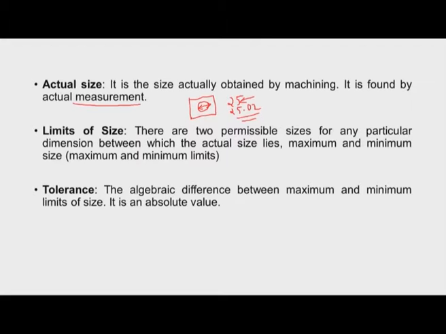And then we have limits of size. There are two permissible sizes for any particular dimension between which the actual size lies. That is maximum and minimum size, or the maximum limit and minimum limit.